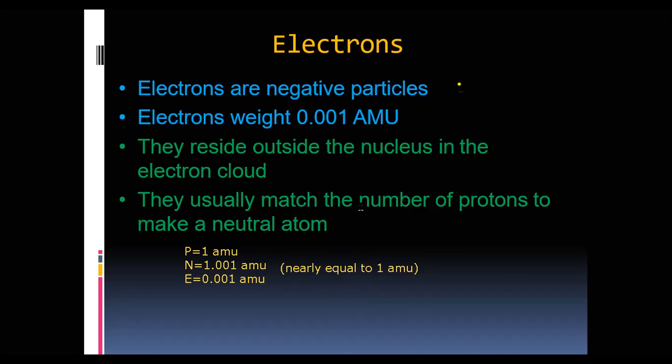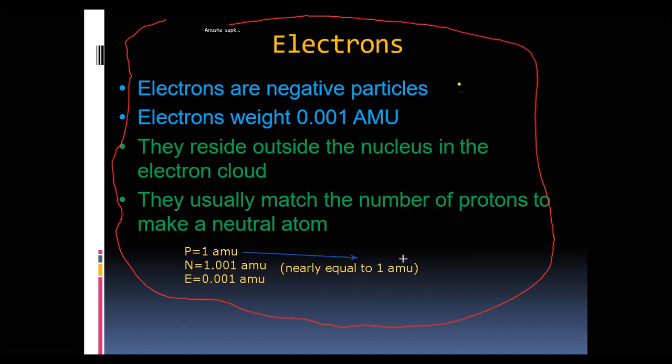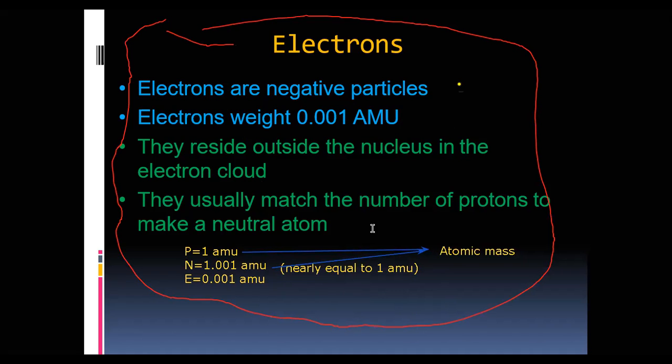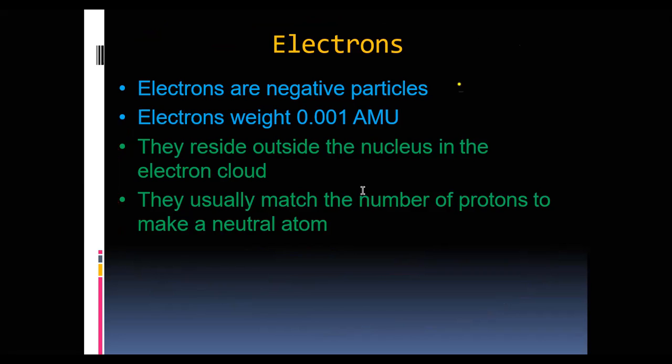This is atomic mass. Electron is neglected because its mass is very small.